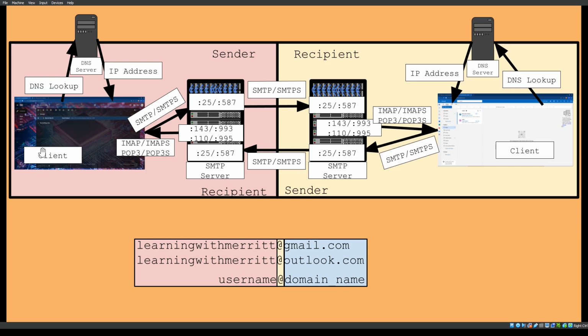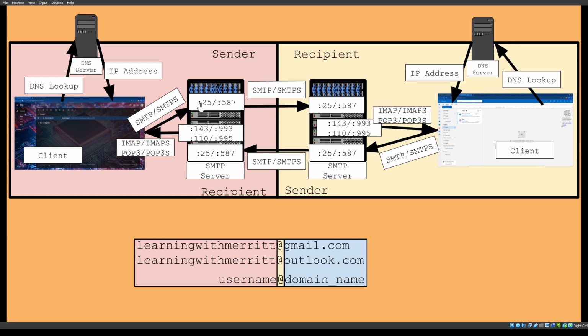The client is going to create an email or compose an email. It's going to be formatted in the SMTP standard. If we need to, if it's not cached, we're going to look up the domain name of the recipient's email address and receive an IP address back. Then we're going to send that information over SMTP and SMTPS to our SMTP server on the correct ports, 25 or 587.